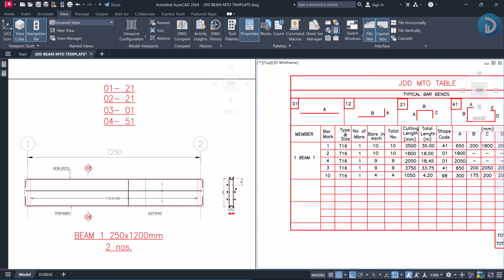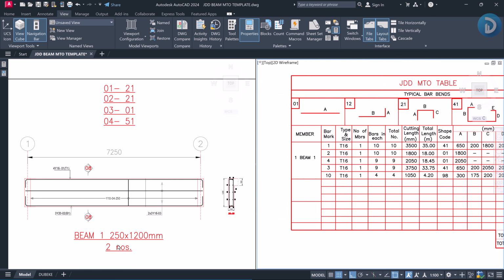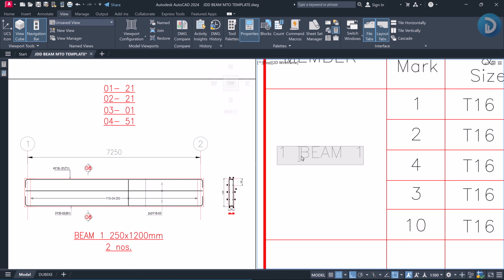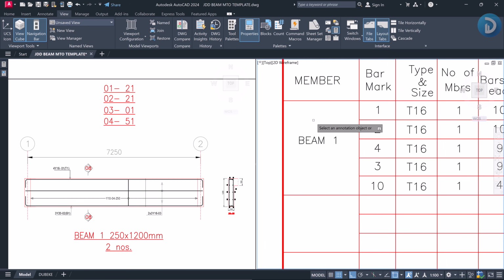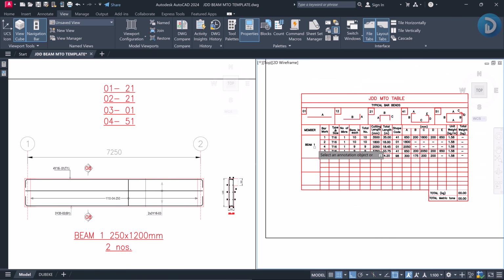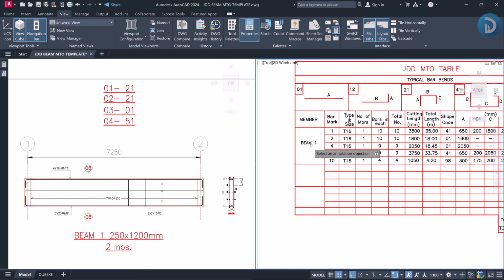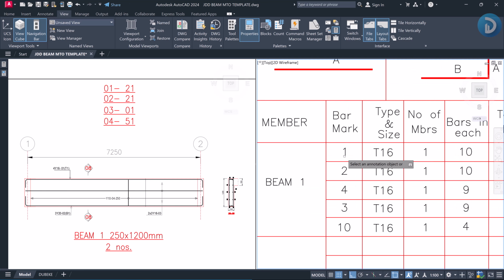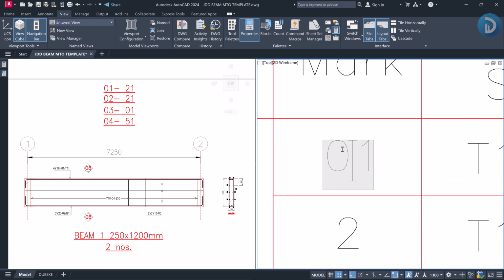For the first property, we have our beam 1. So we edit the member name from one beam 1 to just beam 1 in order to suit the requirement of this structure. Then the first reinforcement we'll start with is the one having bar mark 01, so we edit this from 1 to 01.